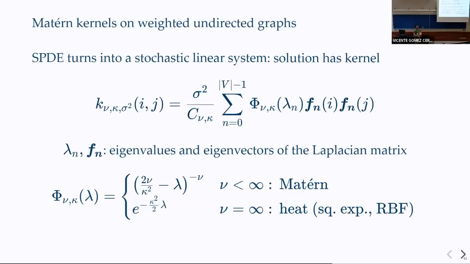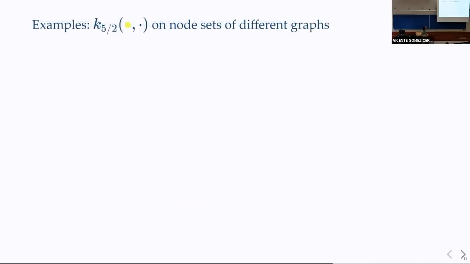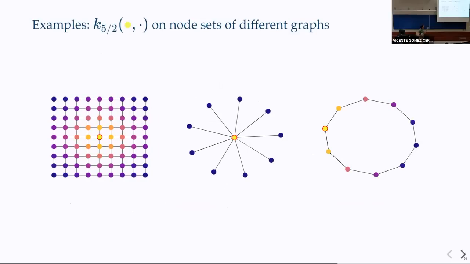Okay, so again, this is exactly the machinery that was used in the example before, and it will produce kernels that look like this, for example. Here is a simple grid graph and the kernel, which is like a bump around a point, right?